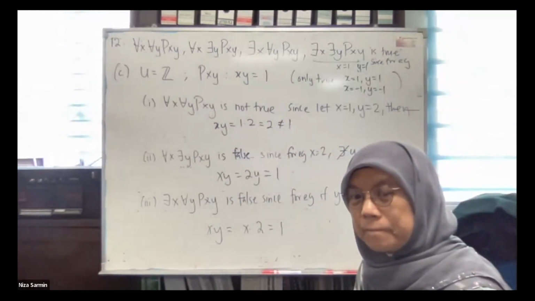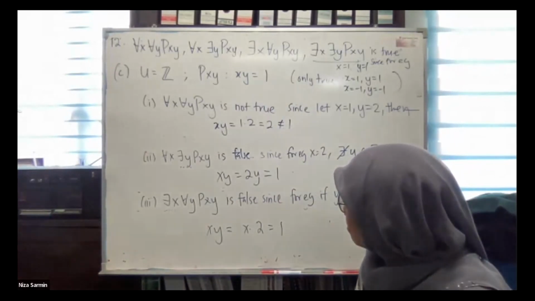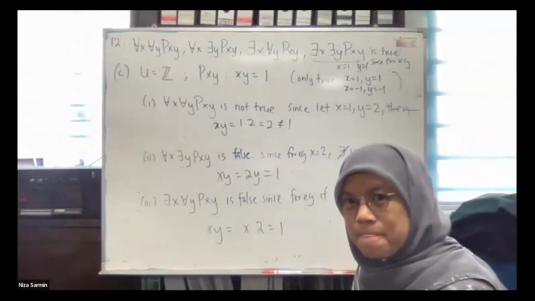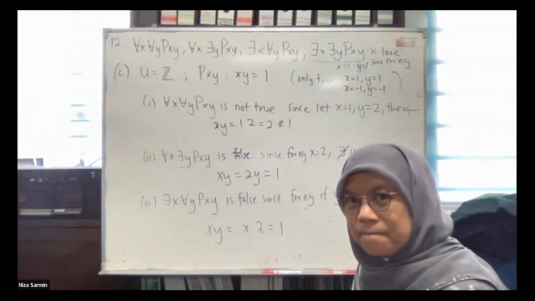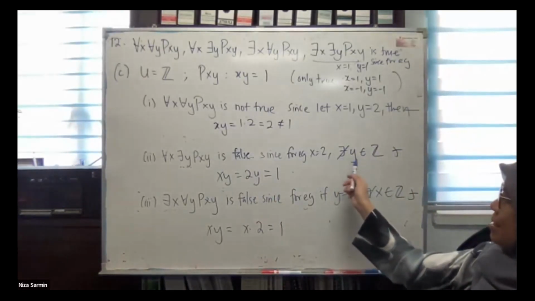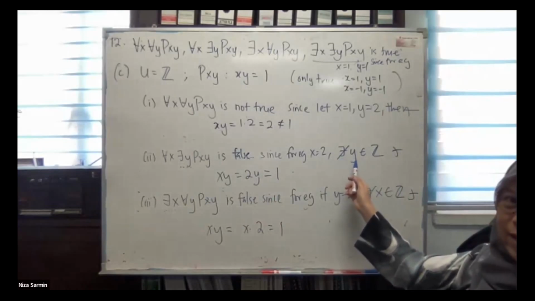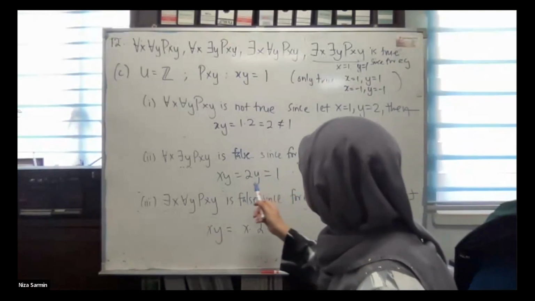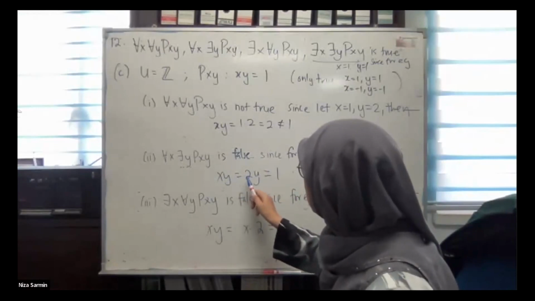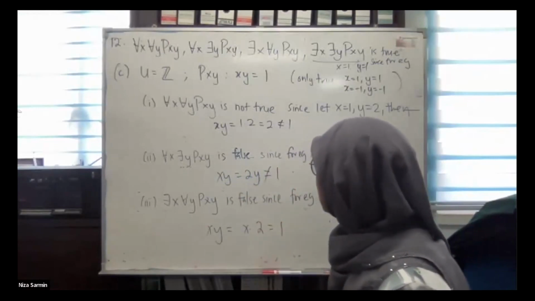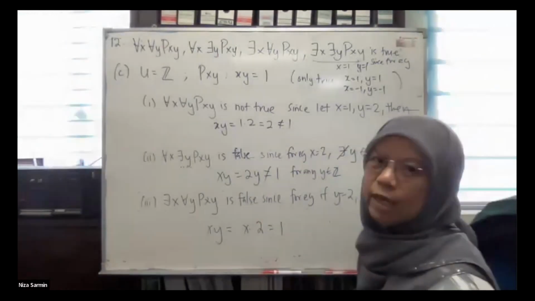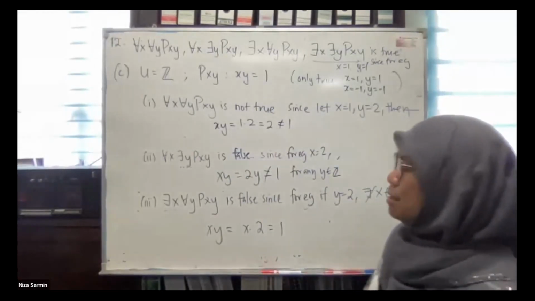Can we write like 2y is not equal to 1 in exam? I already put there is no y. If you don't put this, you will put 2y not equal to 1 for any y in Z. That is also possible, but you don't need to put this.